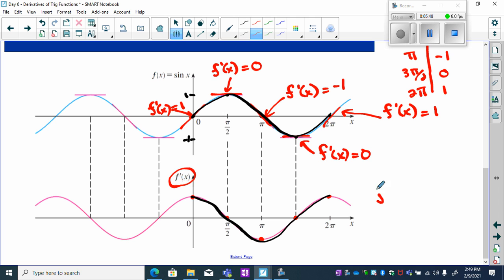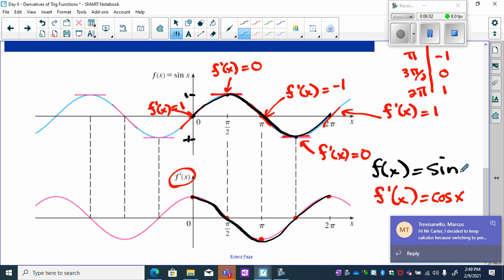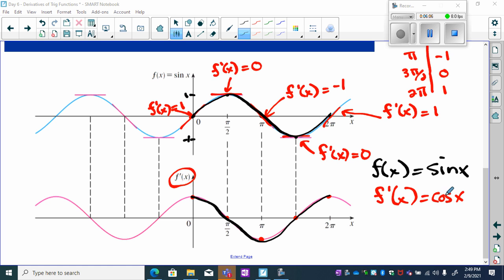If you said f prime x equals cosine x, that makes a cosine. So if f of x is equal to sine x, f prime x, its derivative, is equal to cosine x.